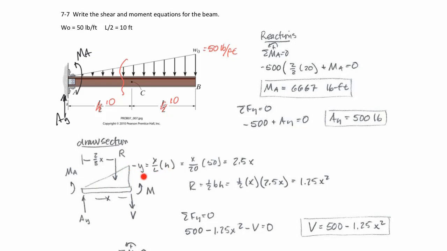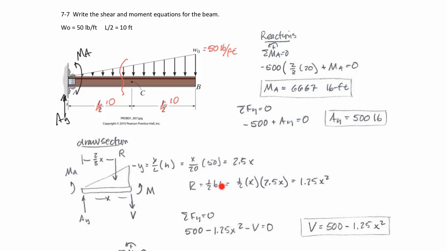Going back to the formula that we developed a little bit ago, it's a ratio of the distance x over the total length times the height. In this case, it's x over 20. The original height is 50, so I get y is equal to 2.5x. In other words, this is increasing at 2.5x as it goes forward.